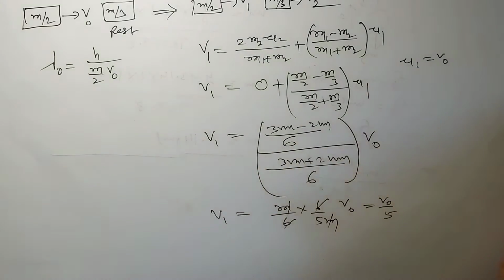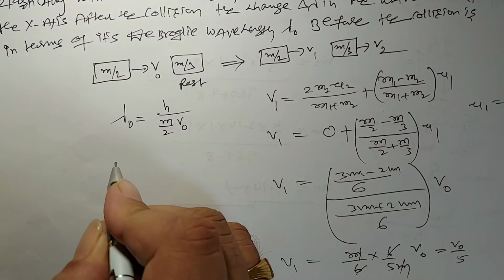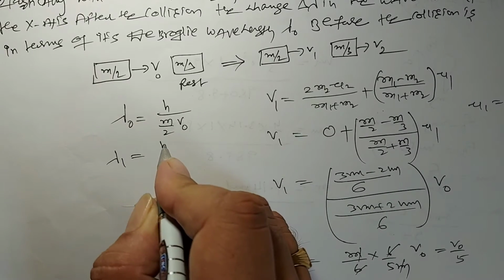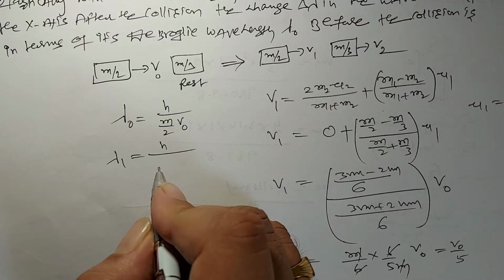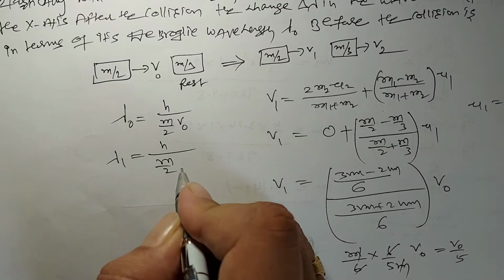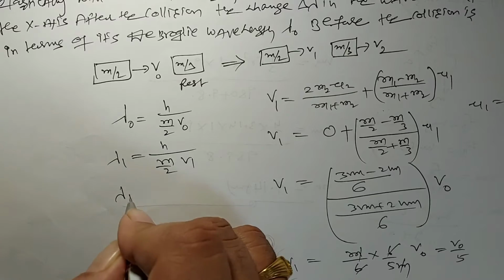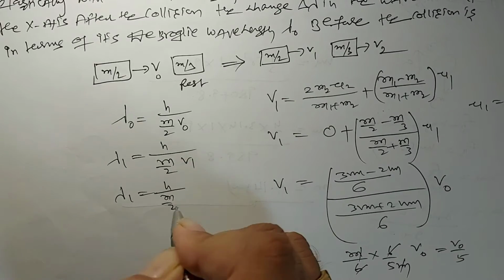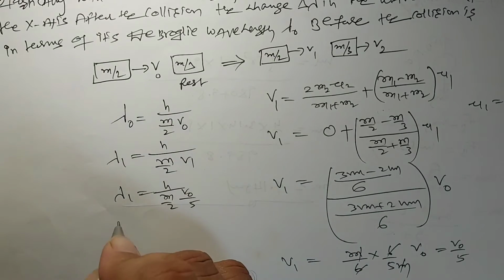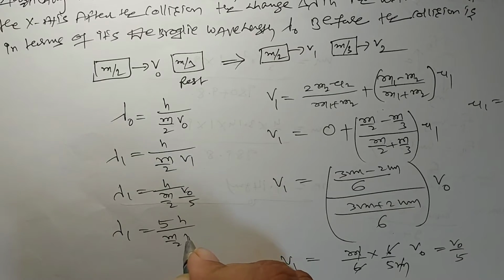So lambda 1, that means the de Broglie wavelength of the first particle after collision, is equal to h by (m by 2) into V1. V1 is V naught by 5, so lambda 1 is equal to 5h by (m by 2) into V naught.